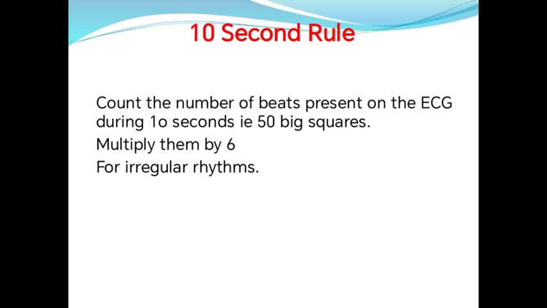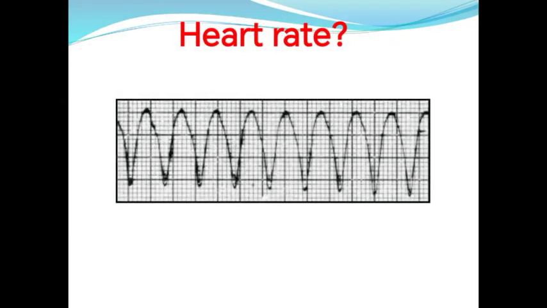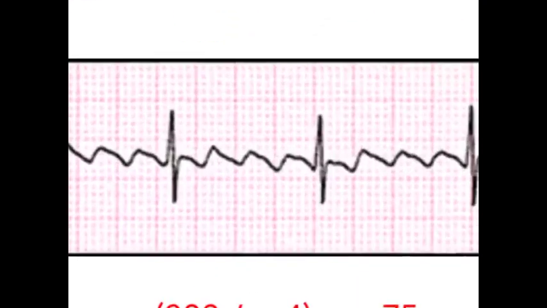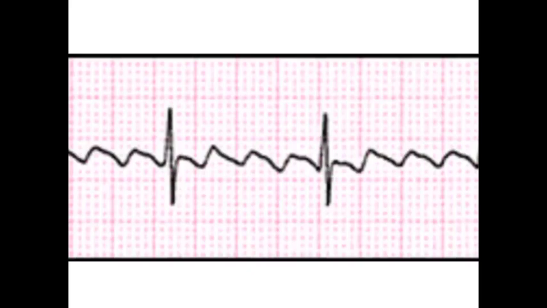We only calculate the big squares between two QRS complexes in a regular heart rate, and divide 300 by this number of large squares.